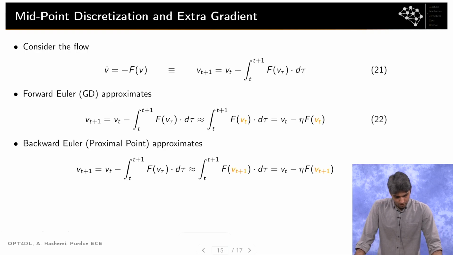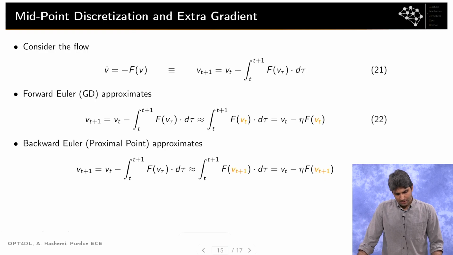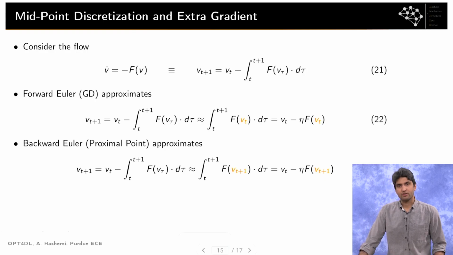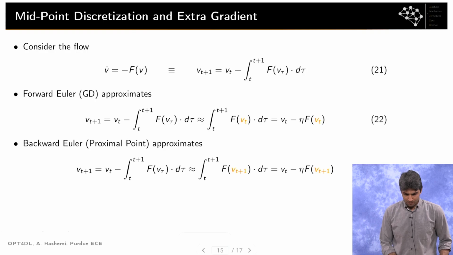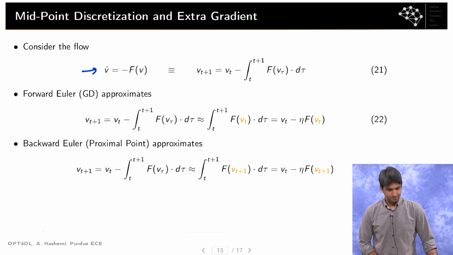To motivate these approximations, first I want to talk about the first method, which is called the extra gradient method. And I want to view this as a different kind of discretization of the same ordinary differential equation. So let's consider our flow in the continuous time limit.